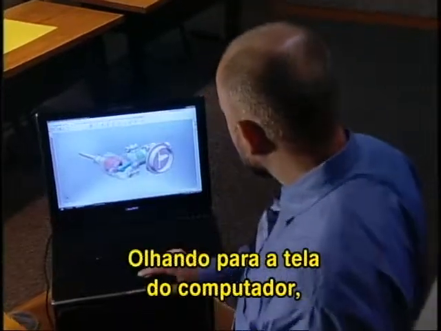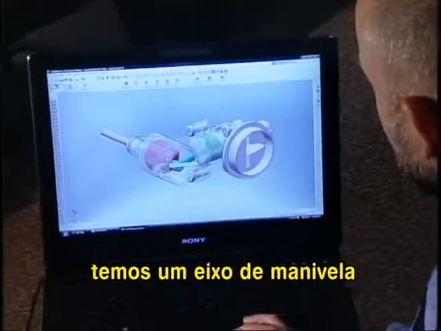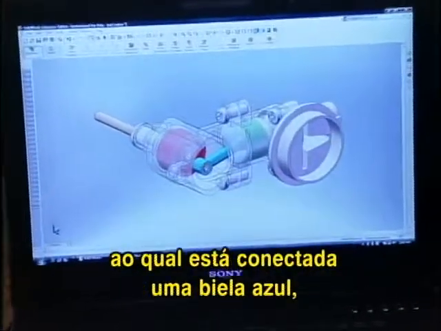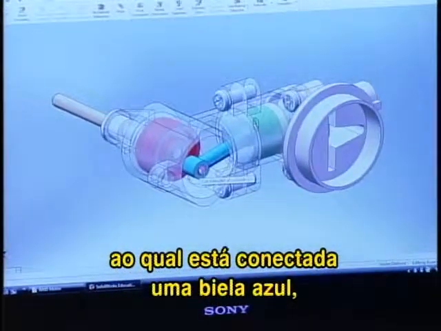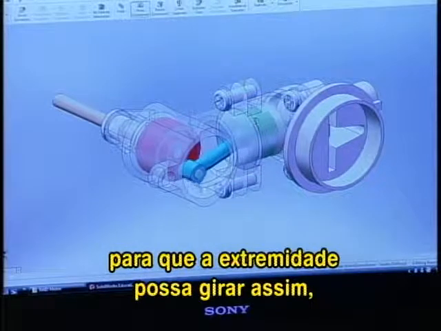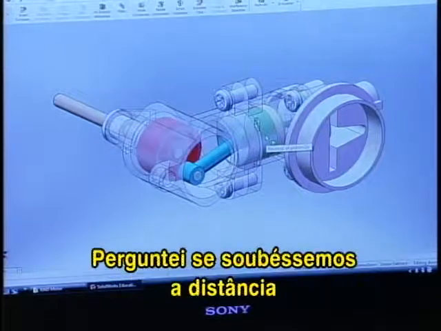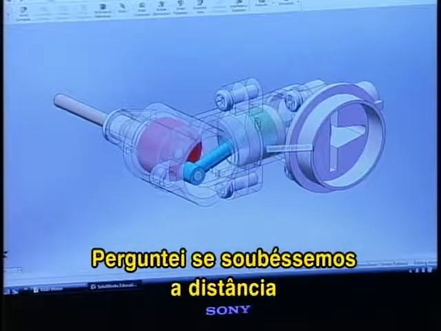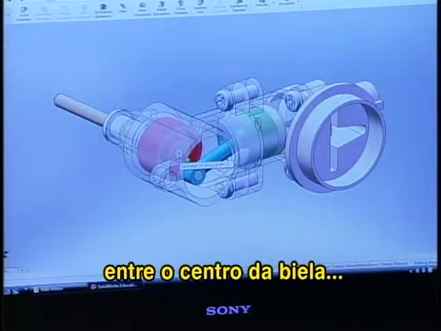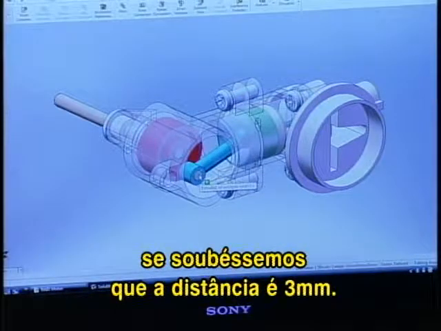Here we turn to the computer screen. We have a red crankshaft here, and to it is connected a blue connecting rod so that the end can rotate like this. And then at the other end of the blue connecting rod is this green piston. And I asked, what if we knew that the distance between the center of the crankshaft and the left end of the connecting rod was 3 millimeters?